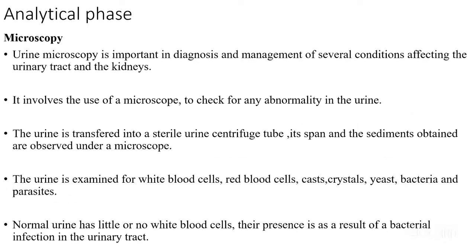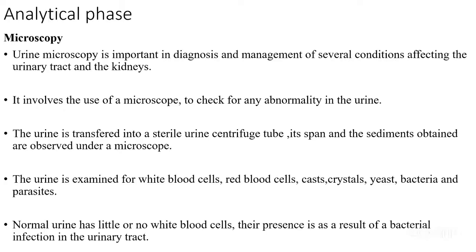Next we'll do the microscopy. Microscopy is important because it will diagnose several conditions affecting the urinary tract and the kidneys. It involves observing the urine sample under a microscope to check for any abnormalities.